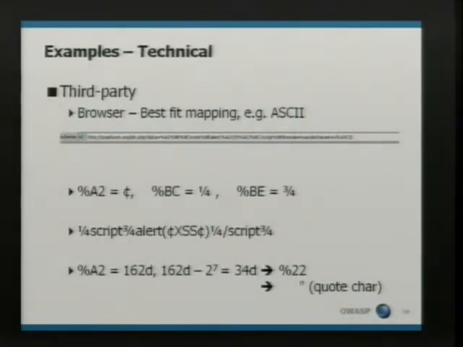Then it knows the ASCII character set is 7-bit, so maybe it does a subtraction on that. Then I get 34 as a decimal value, and the hexadecimal representation is 22, which is also a quote. So the browser interprets this input as a quote, a left angle bracket and a right angle bracket, unfortunately.